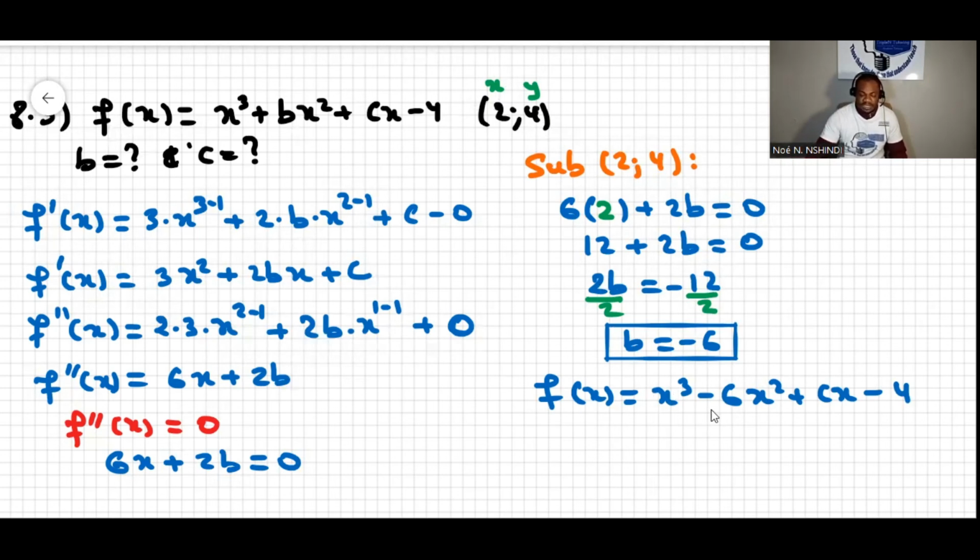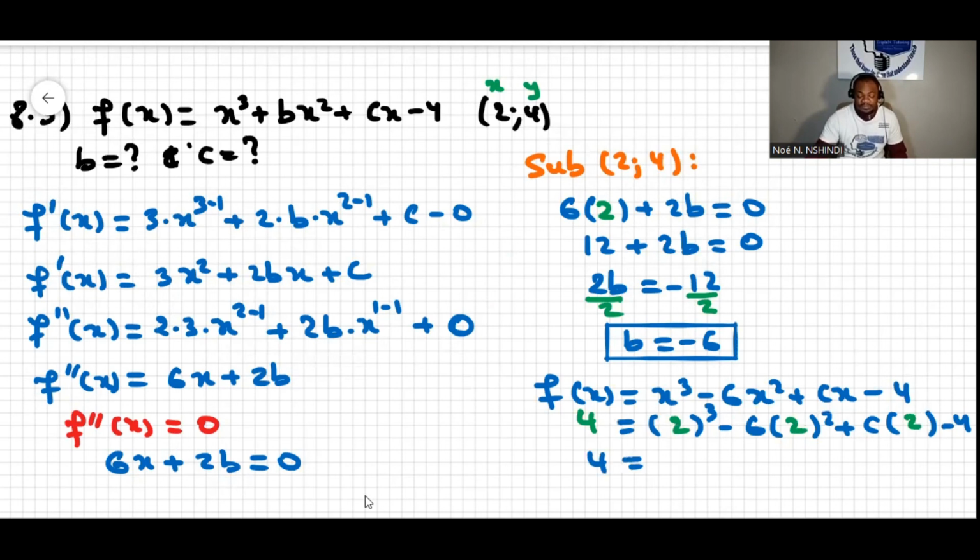It means f of x is the same thing as y, so I substitute 4 for f of x and 2 wherever there is x.